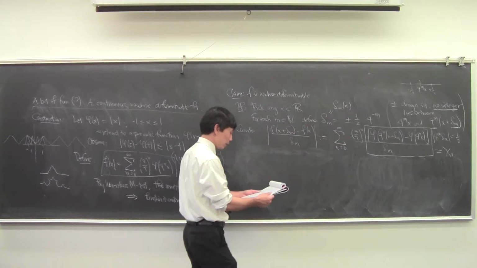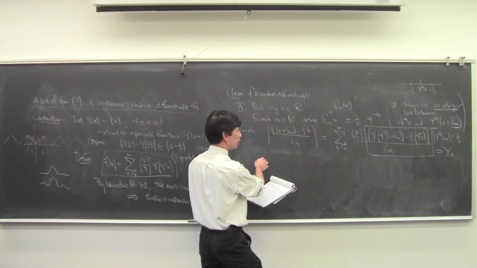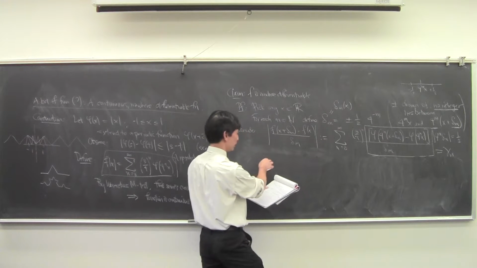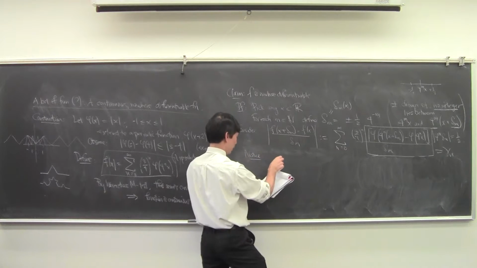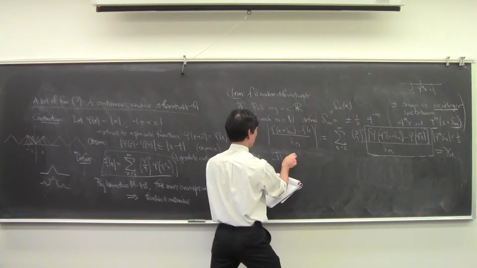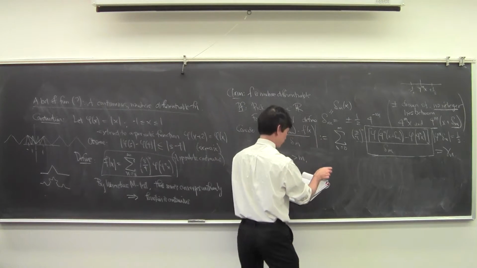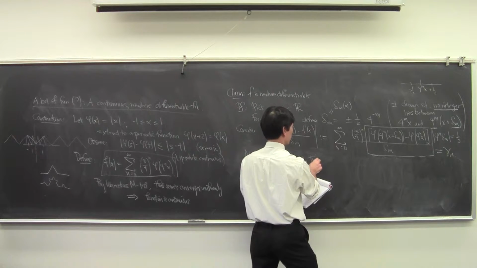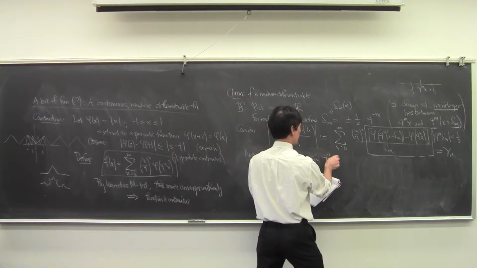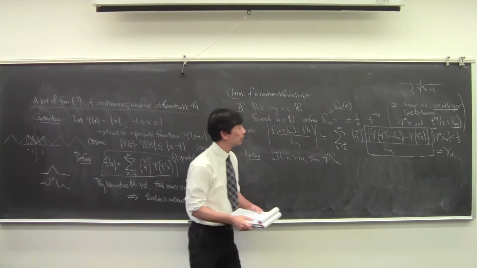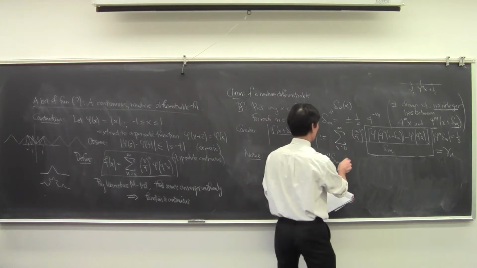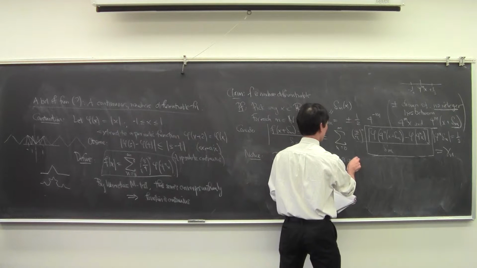Okay. So now notice, if n is bigger than m, then 4 to the n times delta sub m is an even integer.